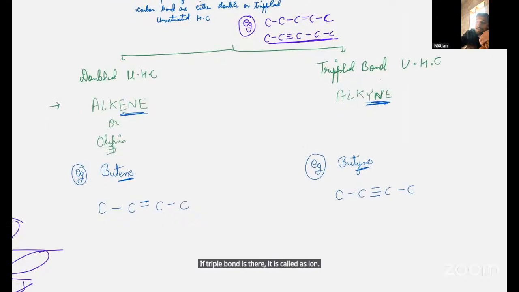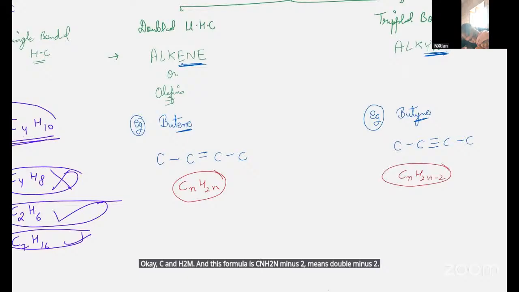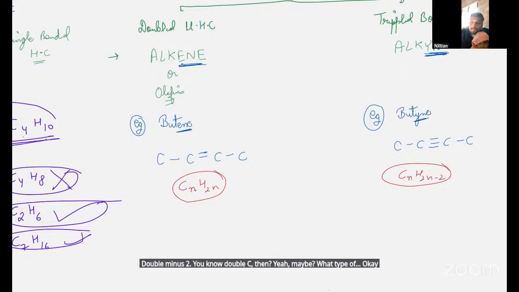Now, everyone please pay attention. The formula for alkene is CnH2n, only double. And the formula for alkyne is CnH2n minus 2, meaning double minus 2.